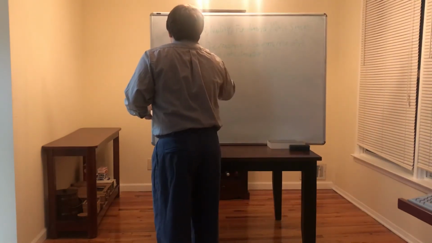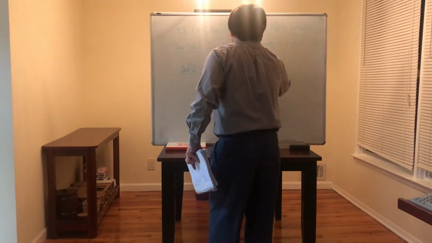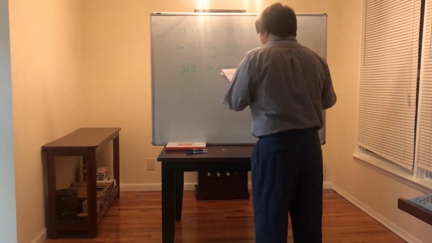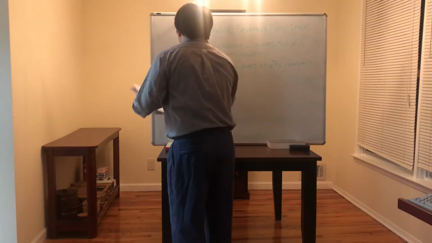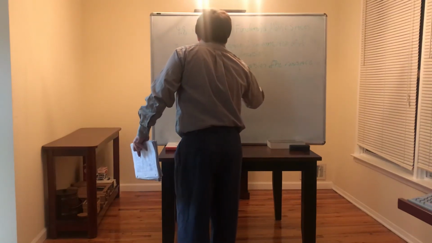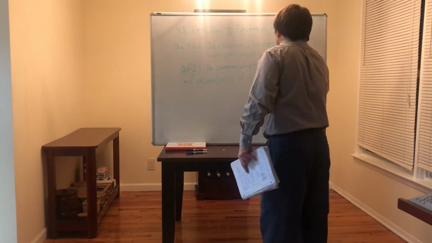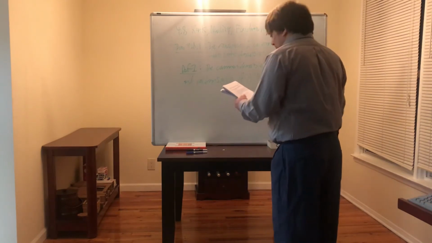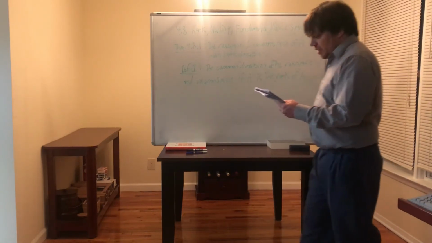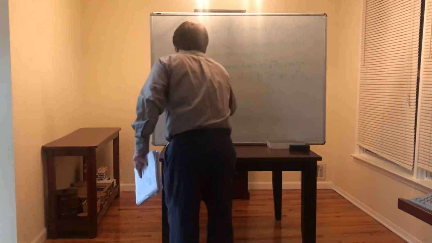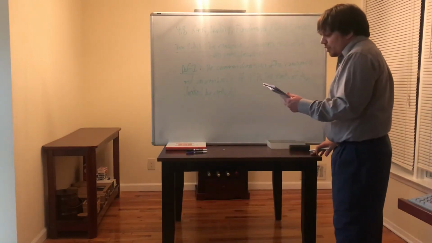Okay, definition 1 in this section. The common dimension of the row space and column space of a matrix A is the rank of A, denoted by rank of A. So denoted by rank of A, okay?